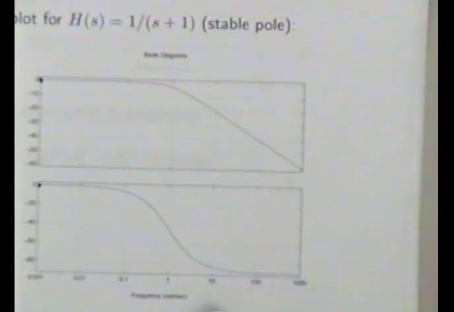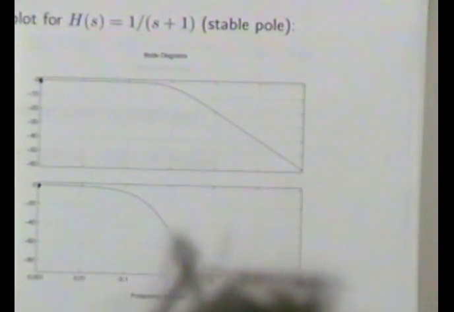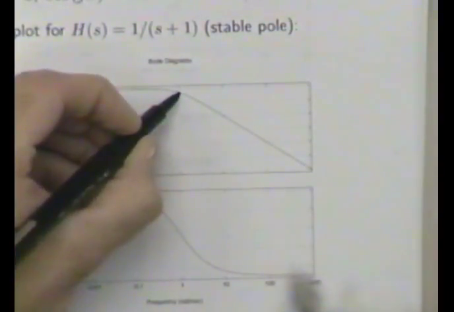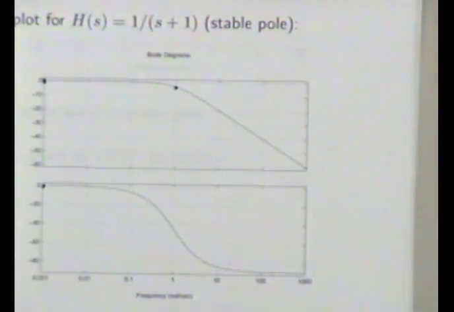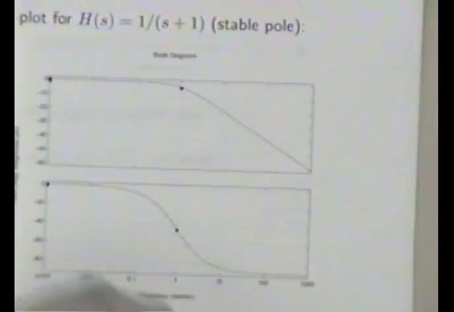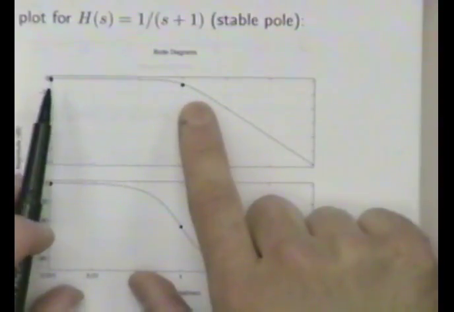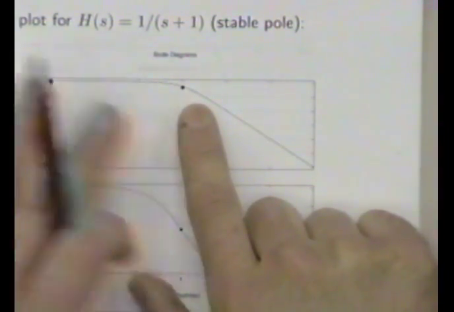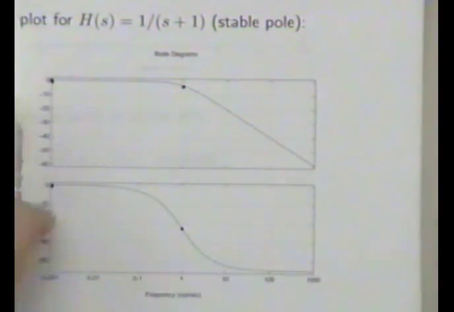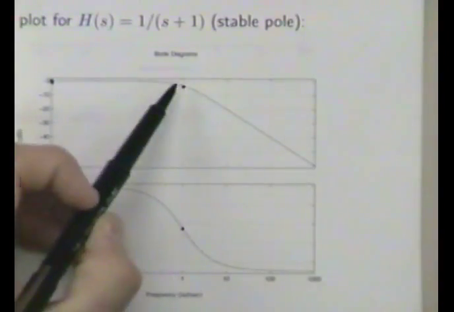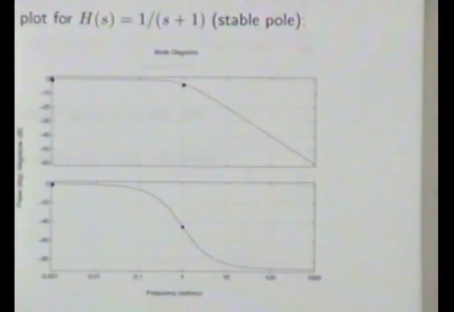At omega equals absolute p, in this case 1, the magnitude has gone down by 3 dB, and the phase now is exactly minus 45 degrees. As far as the magnitude is concerned, you notice not much exciting has happened between DC and the frequency absolute p. Just a decrease by 3 dB.